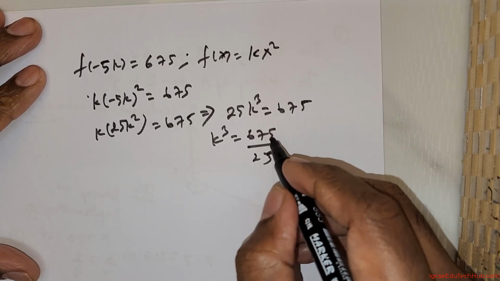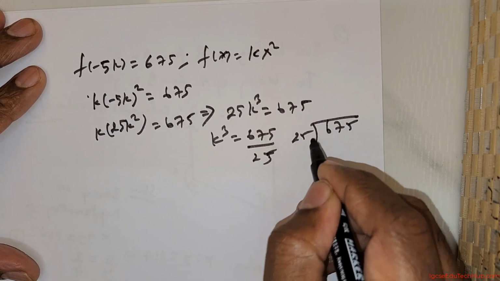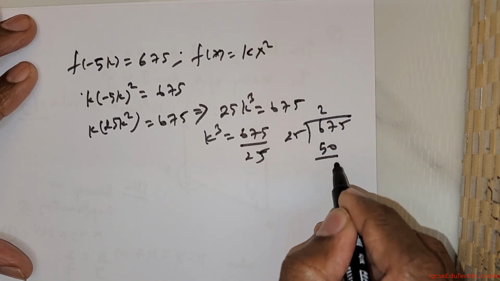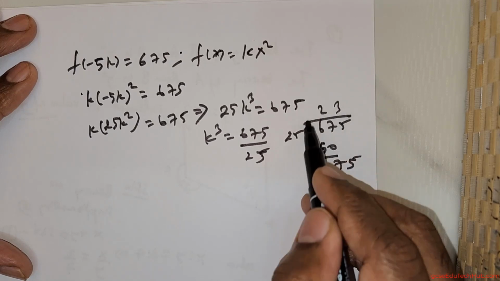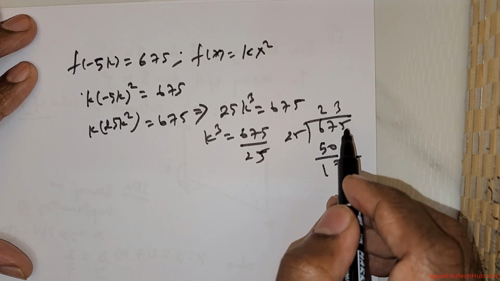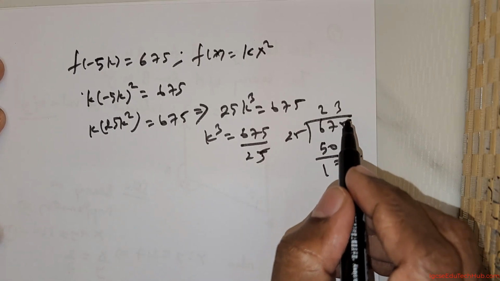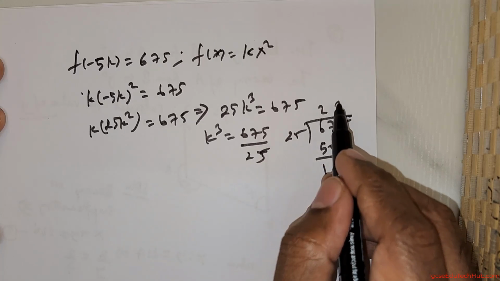25 will divide 675 how many times? 2 times 25 is 50. So you have a 7, you have a 1 and a 5. 3 times no, 5 times, 9 times no, 8 times no, 7 times.